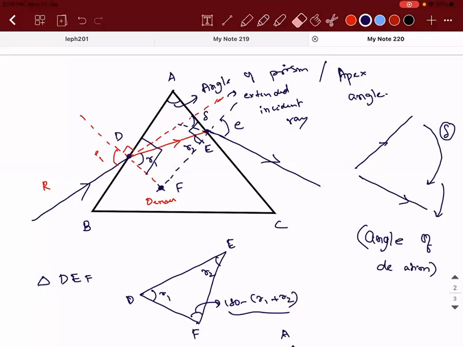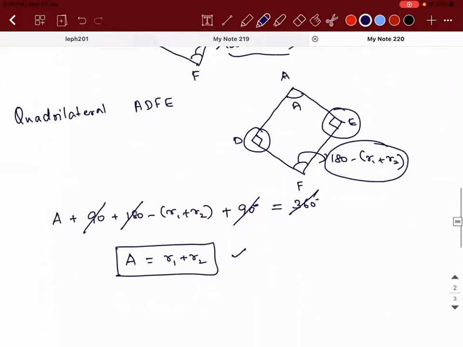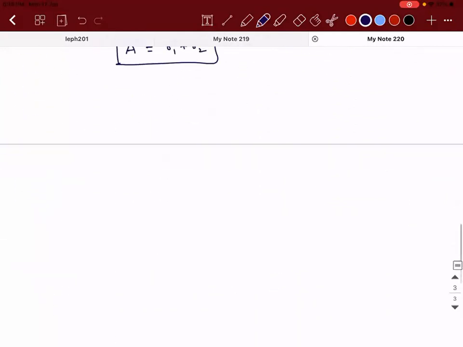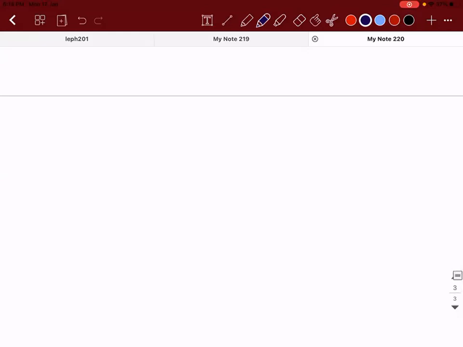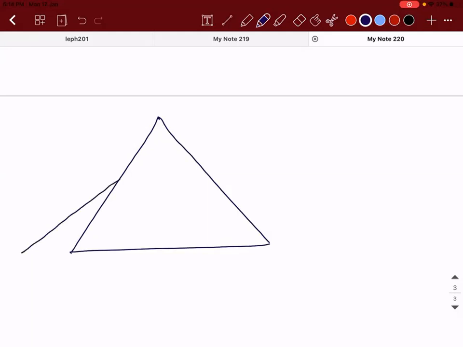What is it called? It is called the angle of deviation. Okay, so what is going to happen? I'll redraw the diagram. See, if I take this as the prism, this is the emergent ray, this is delta.